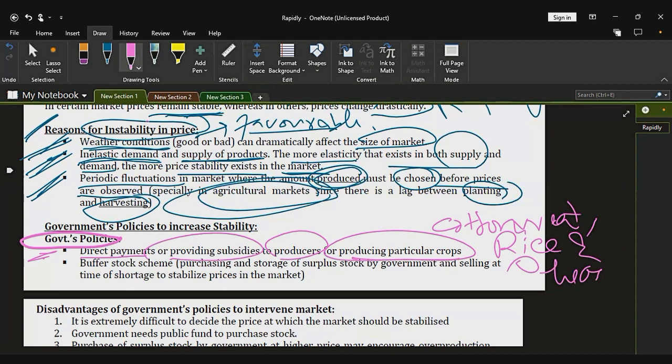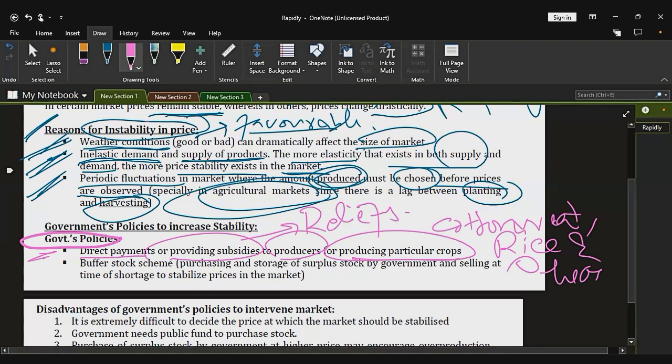So government should introduce some subsidies or provide some reliefs to the producers so they can produce more quantity of such goods whose demand is always high as compared to other products.